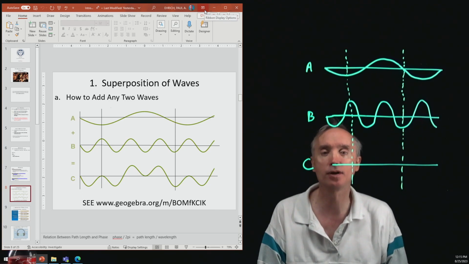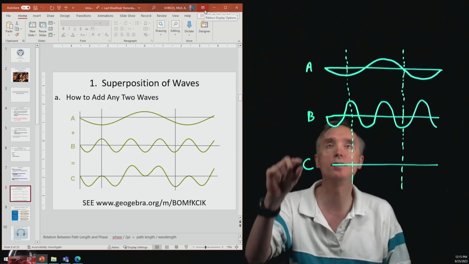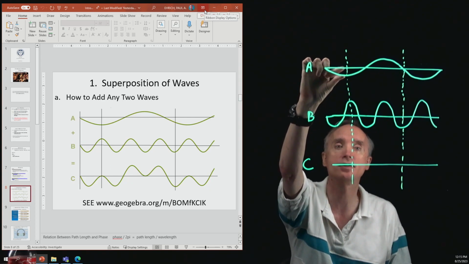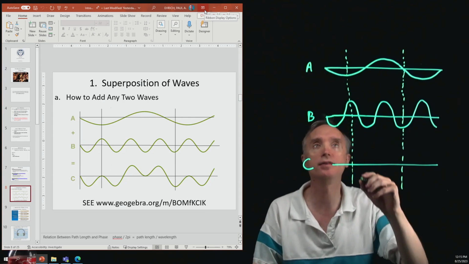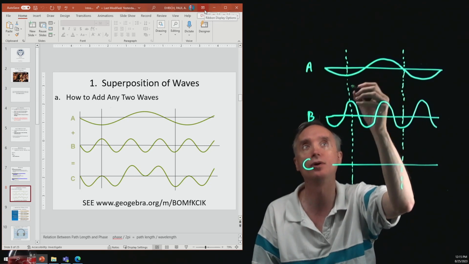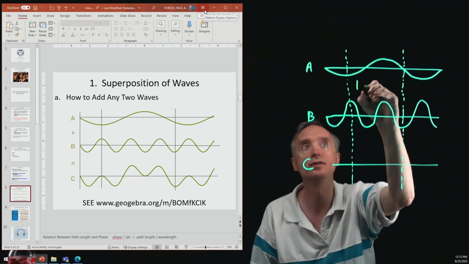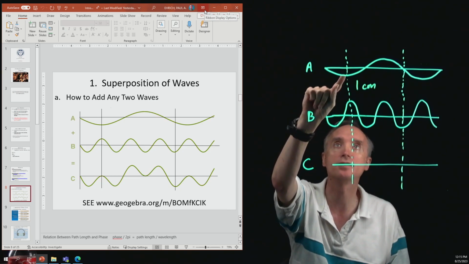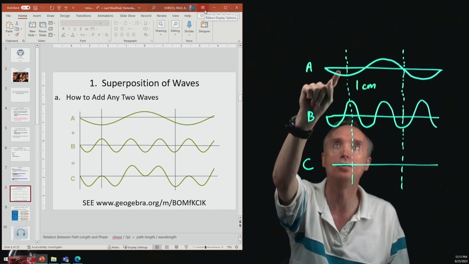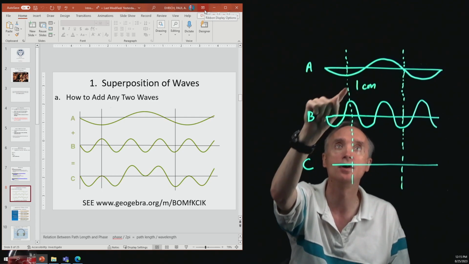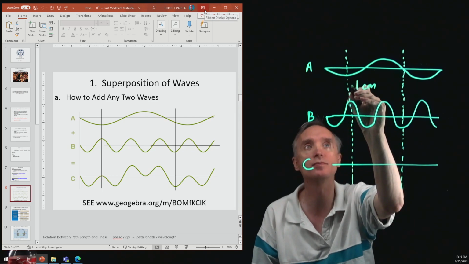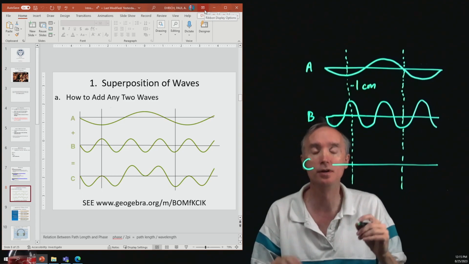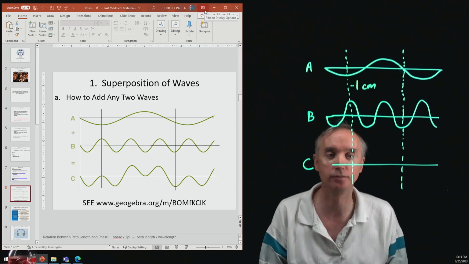Now I get out my ruler and I measure this distance from here to here, and let's say that it's about 1 centimeter. But notice that this line is below this line here, so we would refer to it as being negative 1 centimeter below the line.